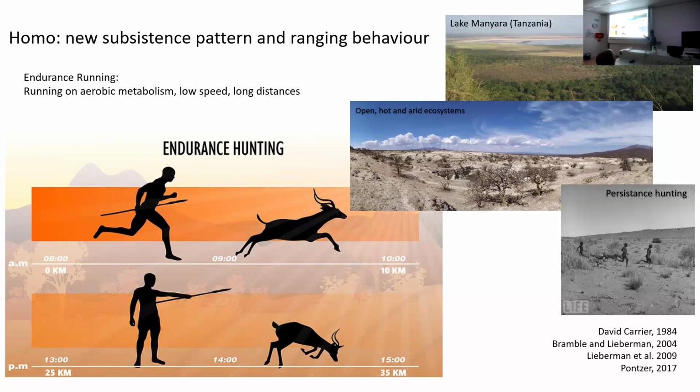And eventually the animal gets into hyperthermia, and then it's more easily killed by the hunter. And this model was actually put forward already in the 1980s by David Carrier, and then it was more refined by Bramble and Lieberman and co-workers.